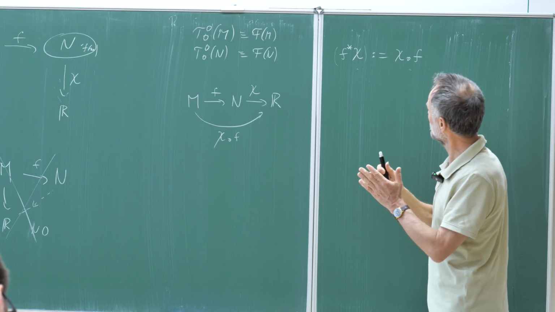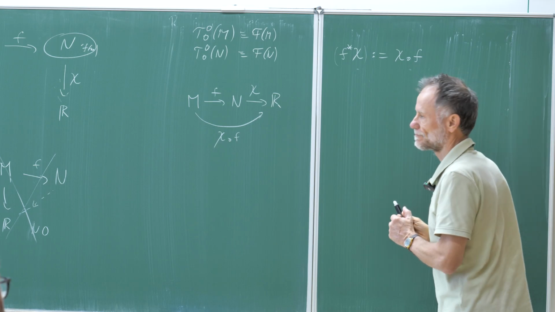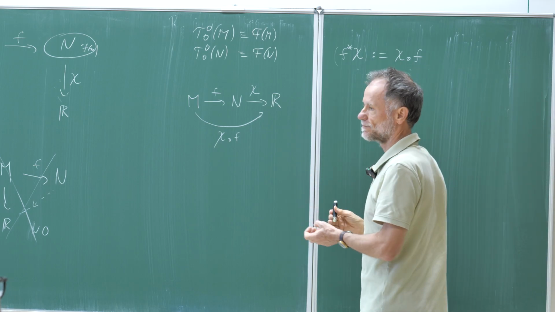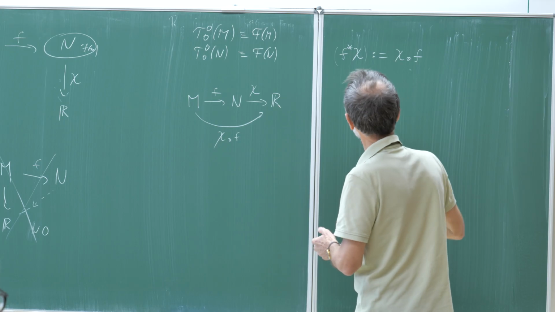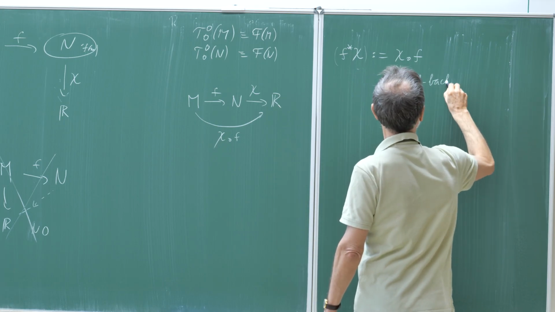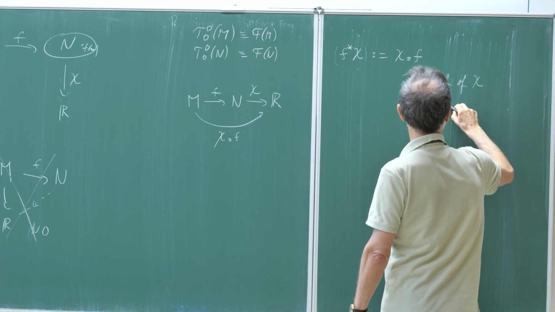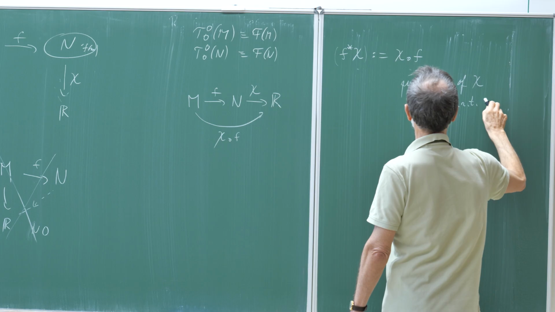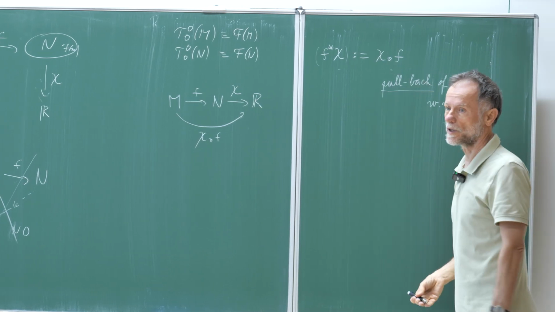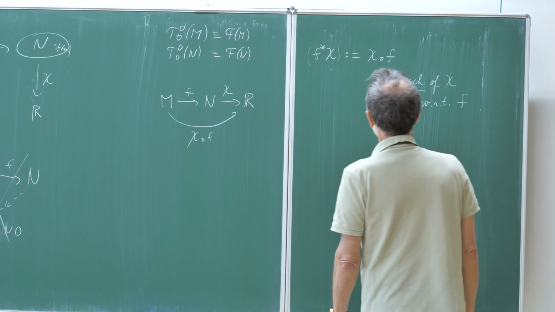For a different mapping f, this operator is different, for still the same function. This is called the pullback of chi with respect to f. So, a very important word in differential geometry and more or less in mathematics.